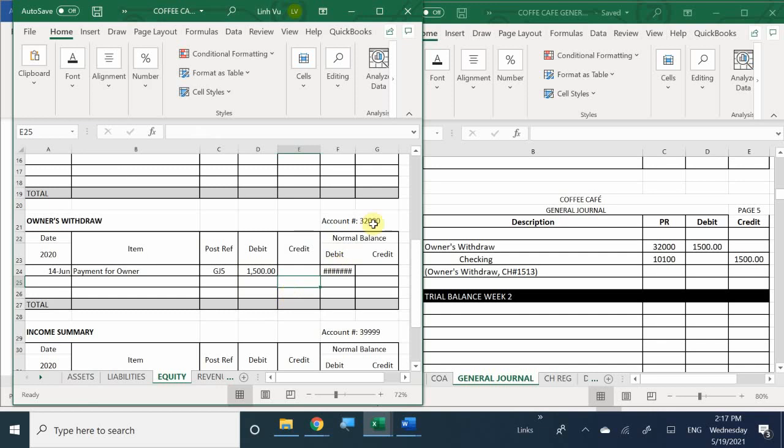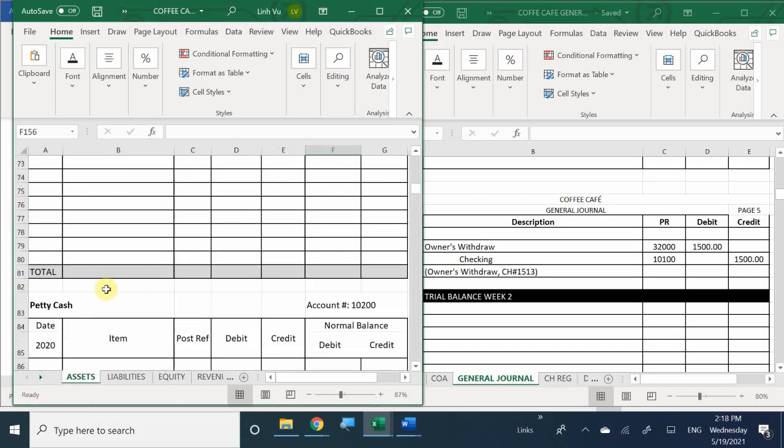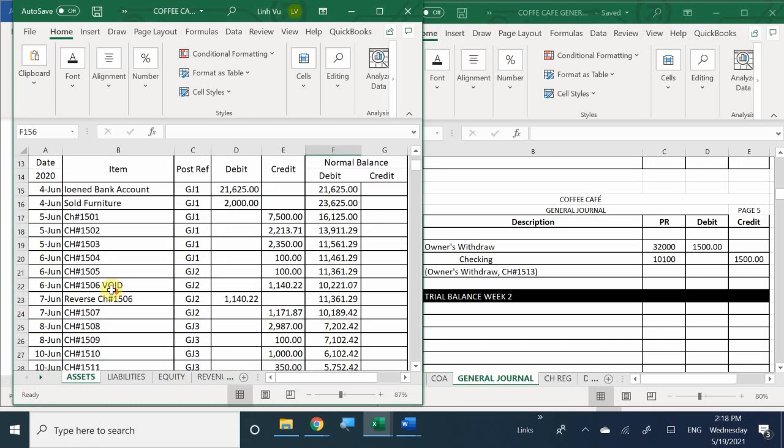$1,500 on the debit side, okay? Because that's exactly how I journalized it. And then last but not least, I have to update my checking account because I wrote the boss a check.